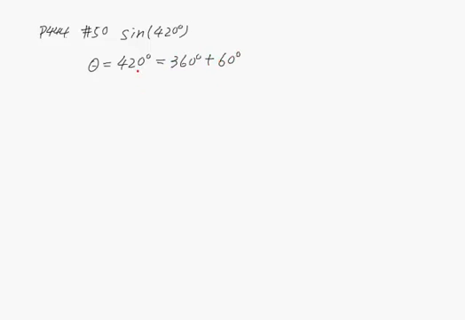You just divide 420 by 360. The quotient is 1 and the remainder is 60, right? So now we know this angle theta is in quadrant 1, right? I use QI for quadrant 1.